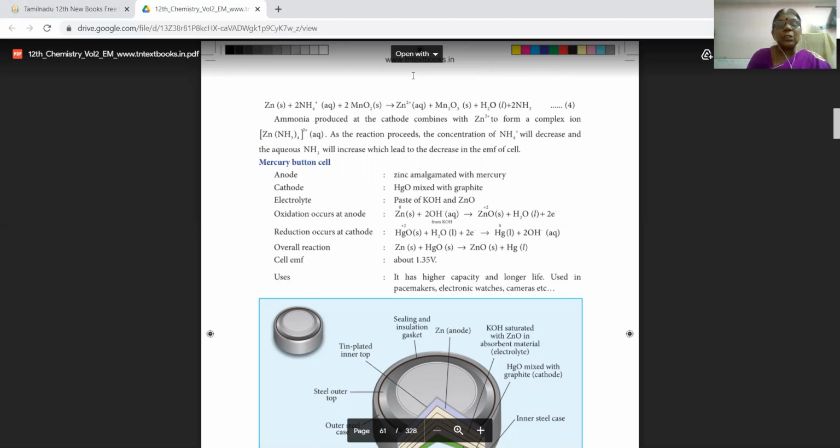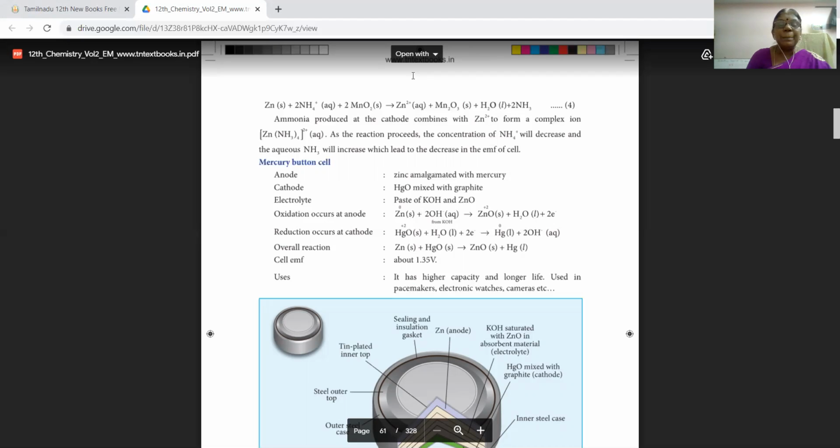Here the ammonia produced at the cathode combines with Zn2+ to form a complex ion, that is [Zn(NH3)4]2+. As the reaction proceeds, the concentration of ammonium ion NH4+ and the ammonia NH3 will increase, which leads to a decrease in the EMF of the cell.